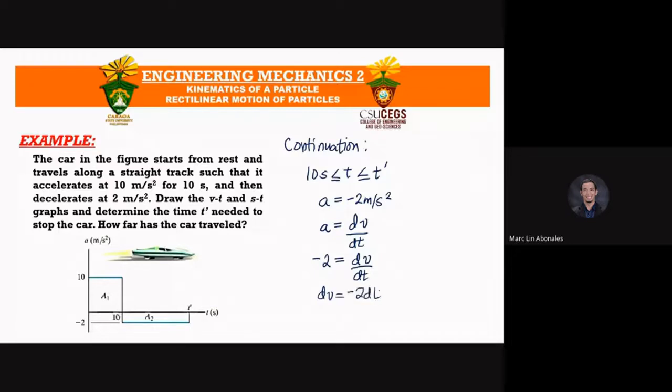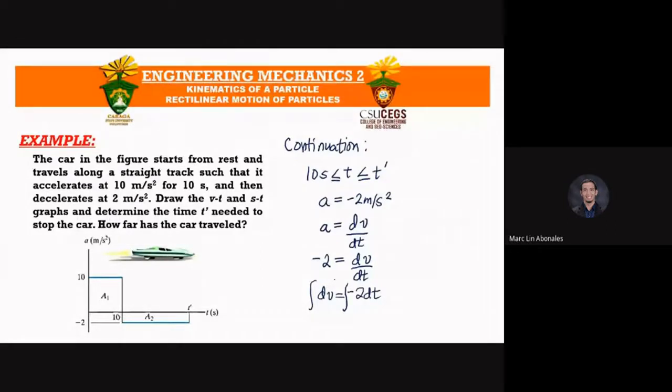Then we integrate again. And here, like what I've said, it could be either definite or indefinite integral. So ako gamiton kay definite para mas dali. Dili na ta mag-compute og constant. So in this time interval, it is 10 to t prime.